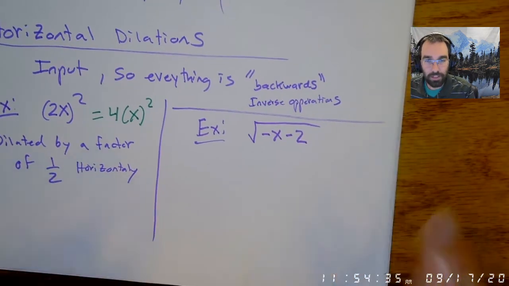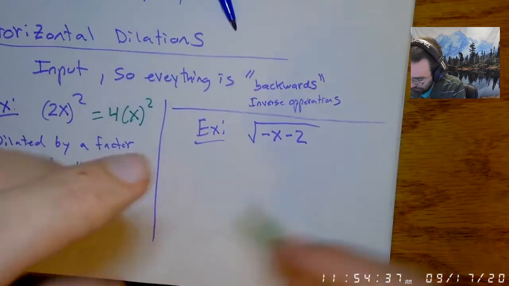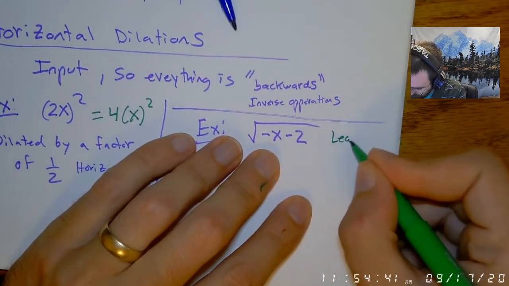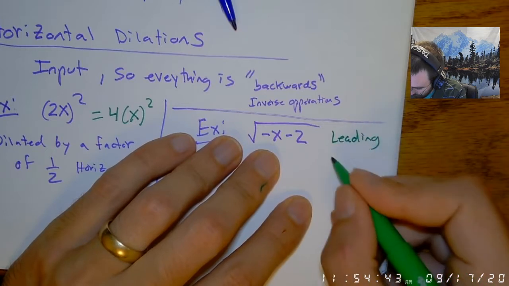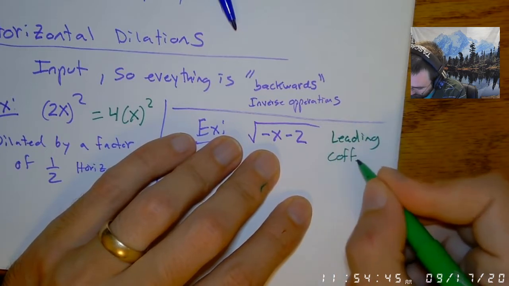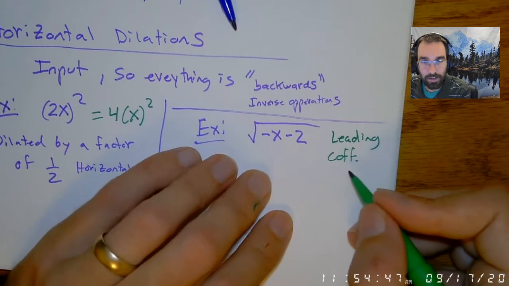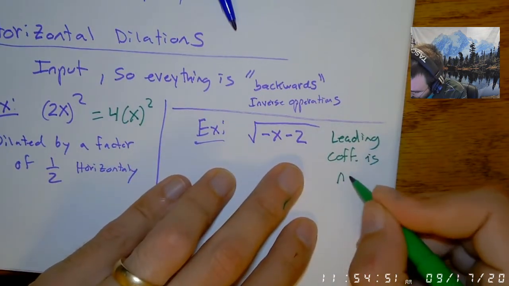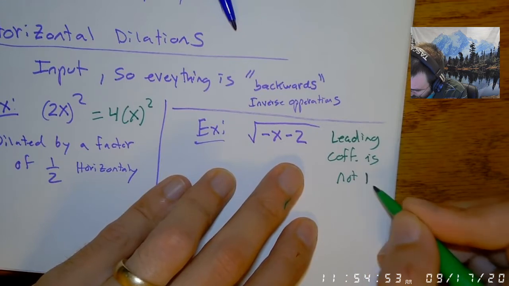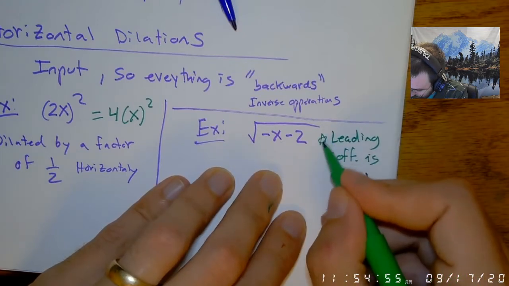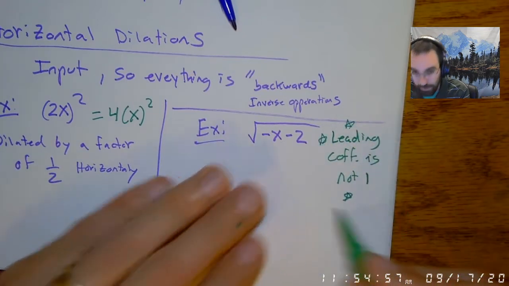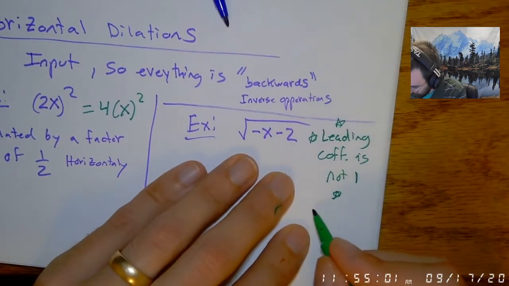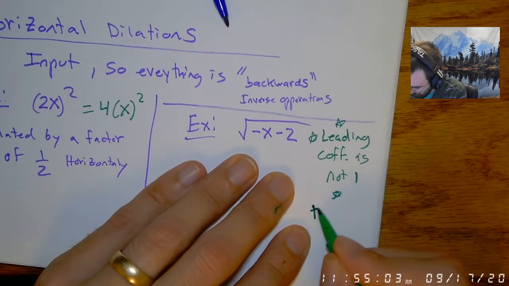When we have this, the problem here is when the leading coefficient, sorry, I'm just going to call it coffee. The leading coefficient is not 1. Okay? And when you have that, then you have to factor it out.